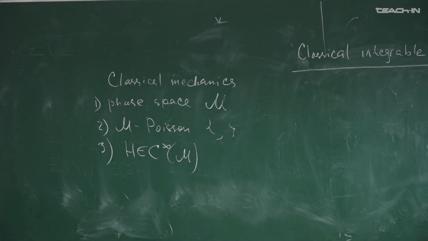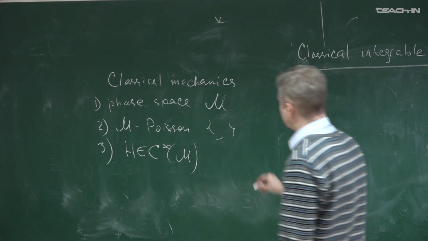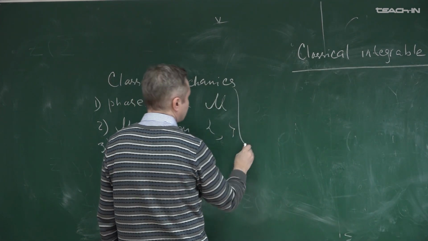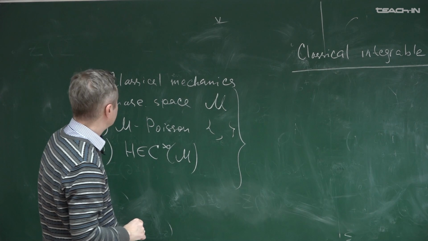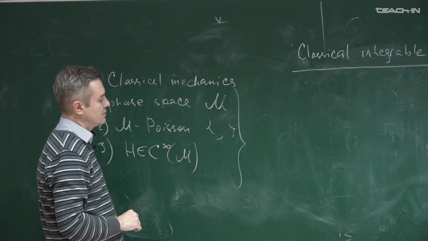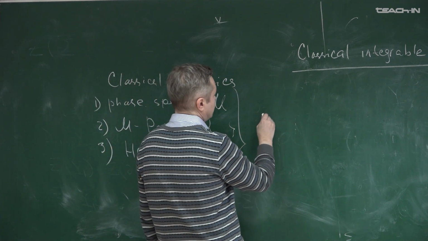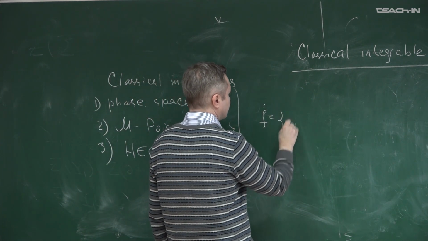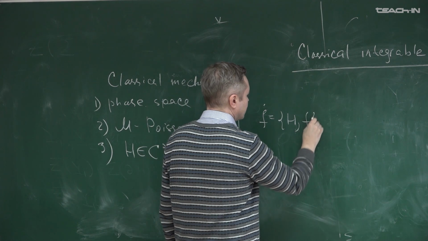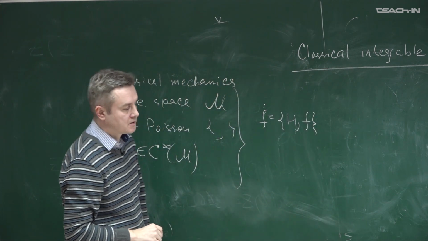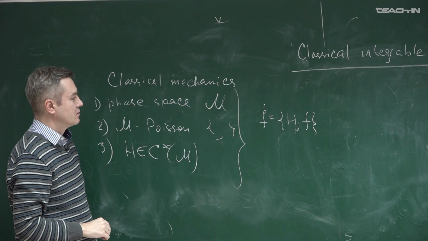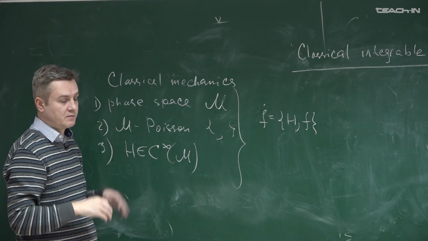Having all these objects, the Hamiltonian equations of motion, the dynamics, is defined as f dot equals the Poisson bracket of the Hamiltonian with some given function f, where f is a function on the phase space.